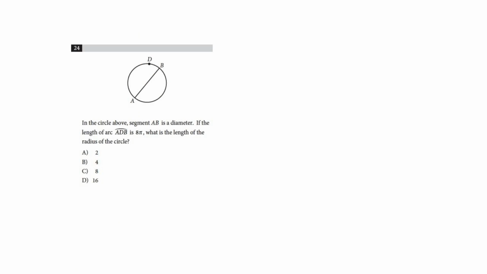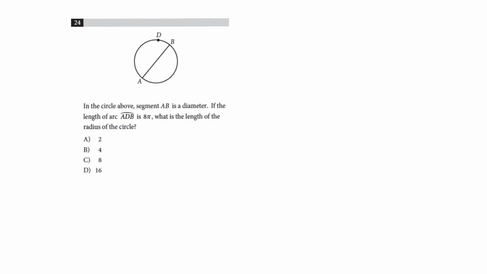Okay, what do we got here? In the circle above, segment AB is a diameter. If the length of arc ADB is 8 pi, what is the length of the radius of the circle?